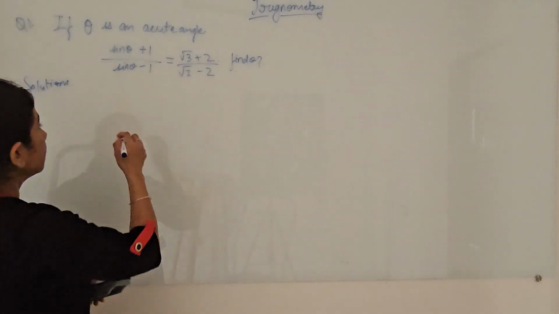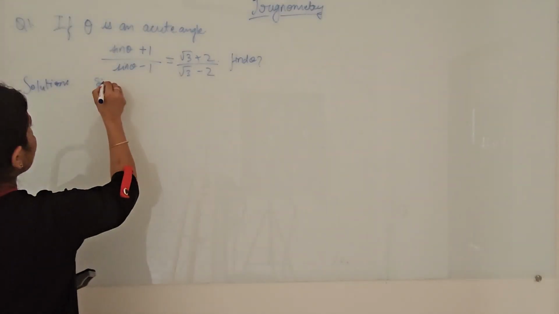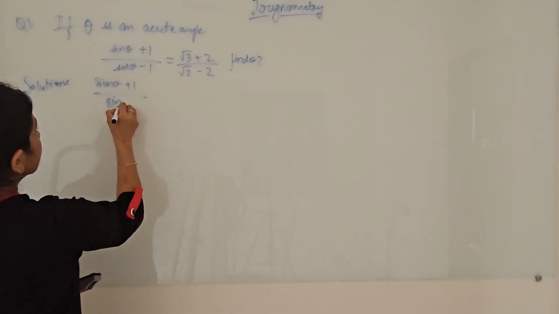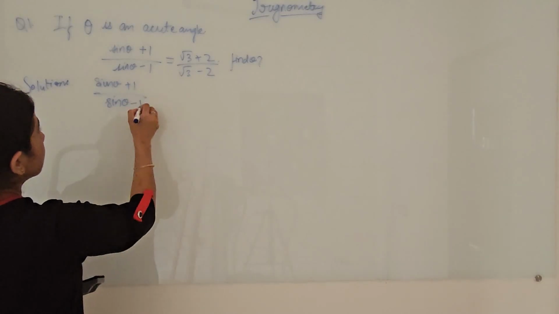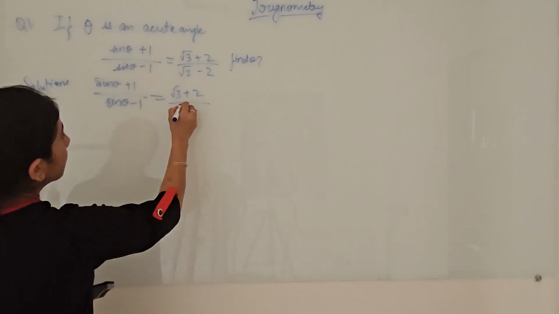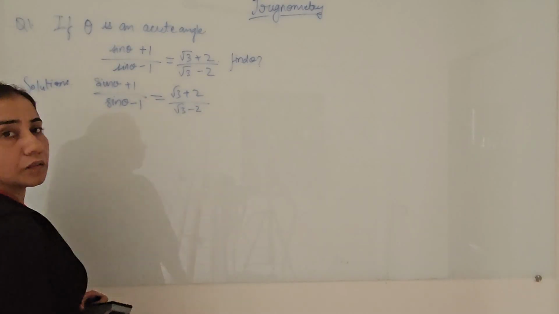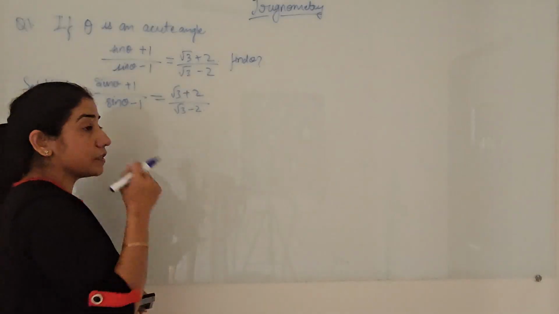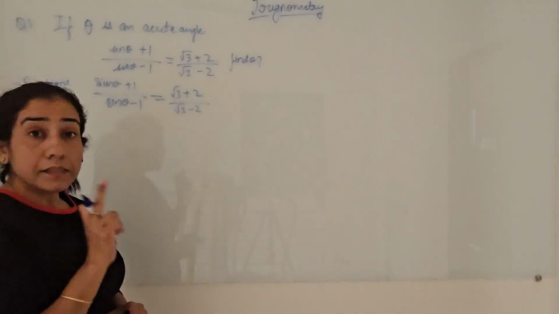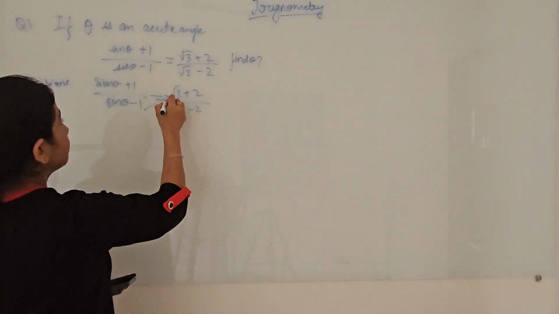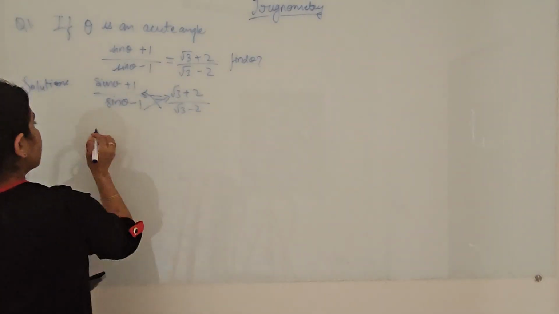So let's get started with the solution part. How do we start? First of all, write what is given. (Sin theta plus 1) upon (sin theta minus 1) is equal to (root 3 plus 2) upon (root 3 minus 2). In the very first step, we will start with the cross multiplication of both sides.